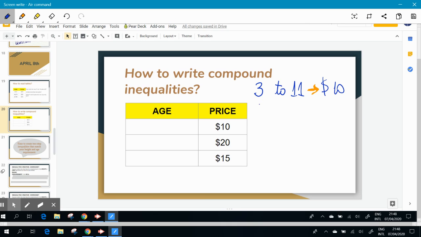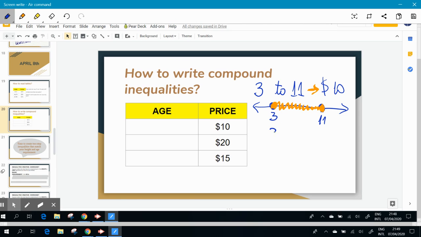And I want to include 3 and 11, which means in terms of math, if I think of my number line, I want to include 3 and I want to include 11. So all these people here that are from 3 to 11, including them, are going to pay $10.